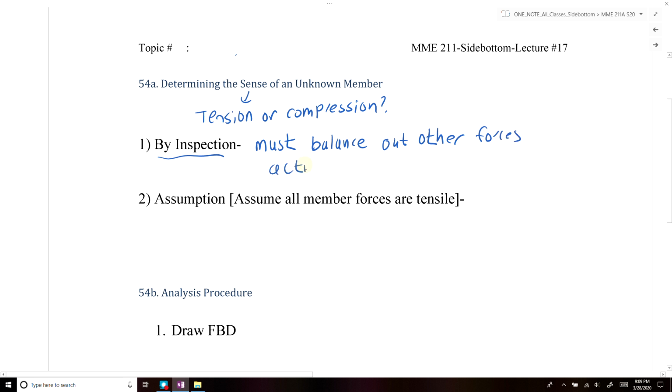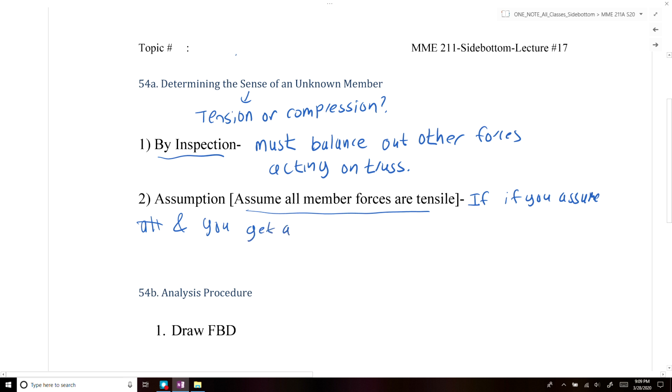And then the assumption method is if you assume that all member forces are tensile and you get a force with a negative magnitude, that member would be in compression.